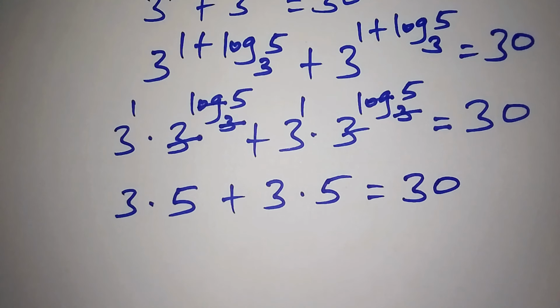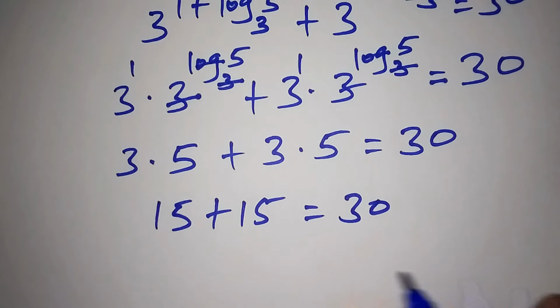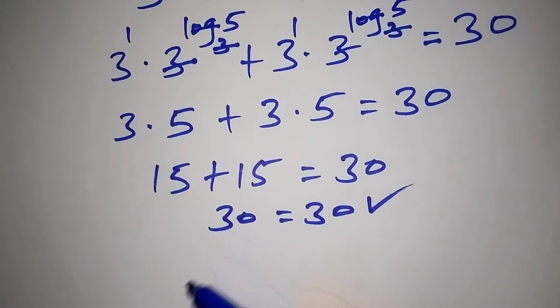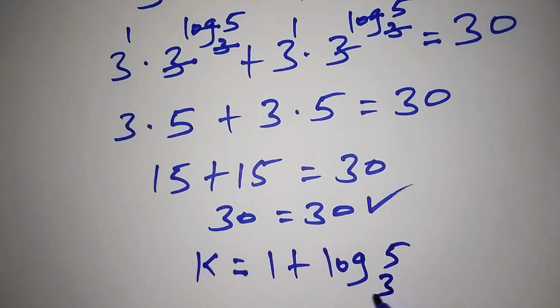So 3 multiplied by 5 is 15, plus 15 equals 30. So we have 30 equals 30. Which means we are correct when we conclude that our value for k is 1 plus the log of 5 to the base of 3.